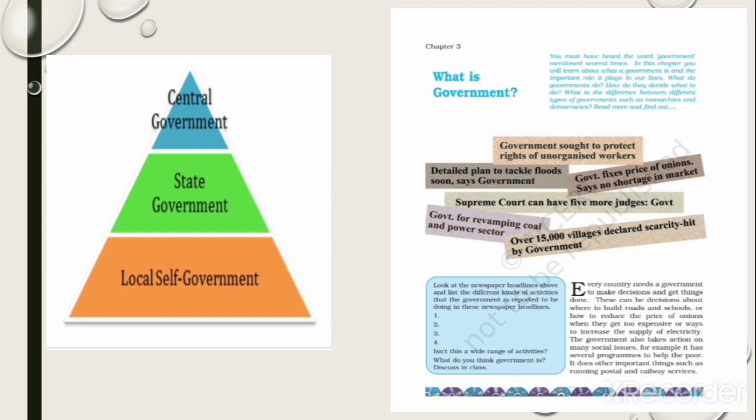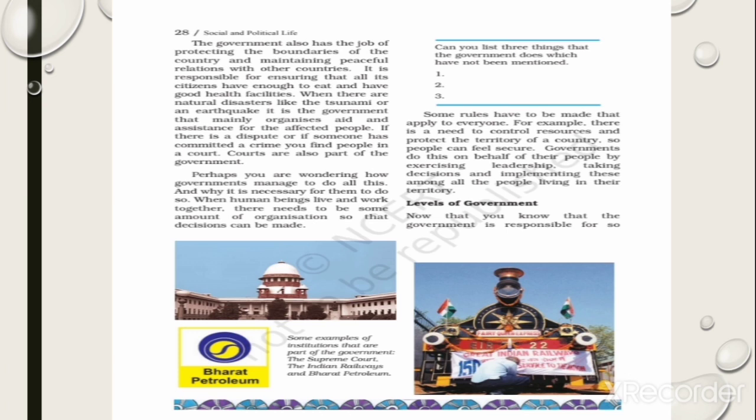There are many things which can't be explained in one lesson that are being done by the government for the welfare of the people. The government also has the job of protecting the boundaries of the country and maintaining a peaceful relationship with other countries. In fact, it is responsible for ensuring that all its citizens have enough to eat and that their health is good.